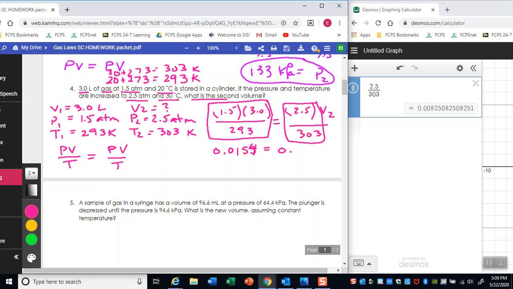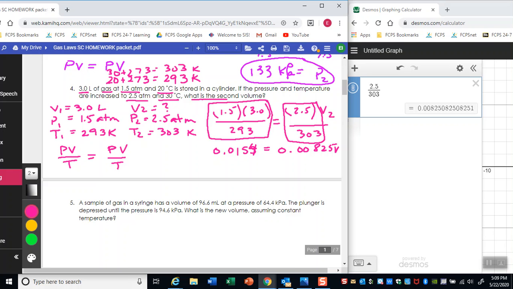So 0.00, those don't count, 8, 2, 5. Those are my 3 significant digits. And then I have the V. So I'm just simplifying. When you're doing algebra, before you start doing things to both sides, it's usually a good idea to simplify.